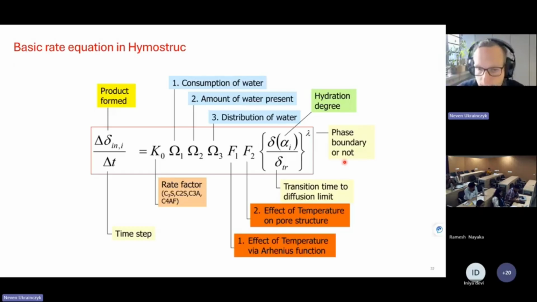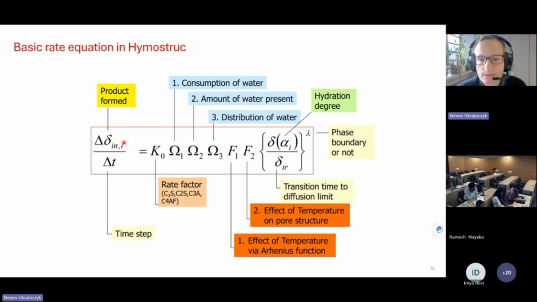And basically, you see this differential equation, which when you integrate becomes the finite difference method. So you can calculate this delta in, which is how much of the cement is consumed.